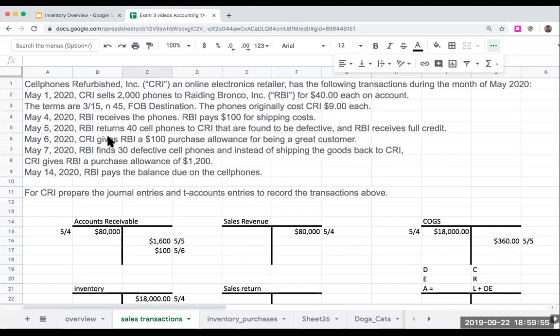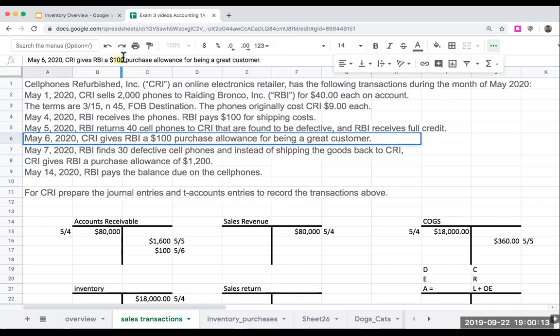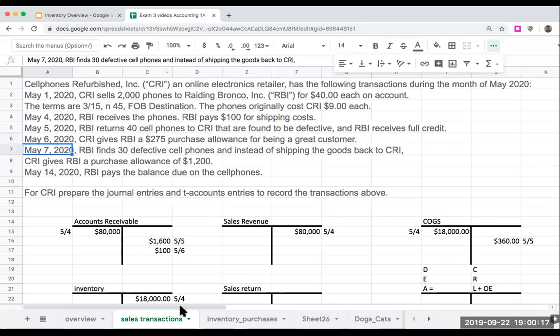By the way, I'm realizing right here, this $100 purchase allowance is the same amount as the shipping costs. It is completely coincidental. I just made up the numbers. In fact, to make this a better question, let's modify this and call this 275, so it doesn't look exactly like the same amount.